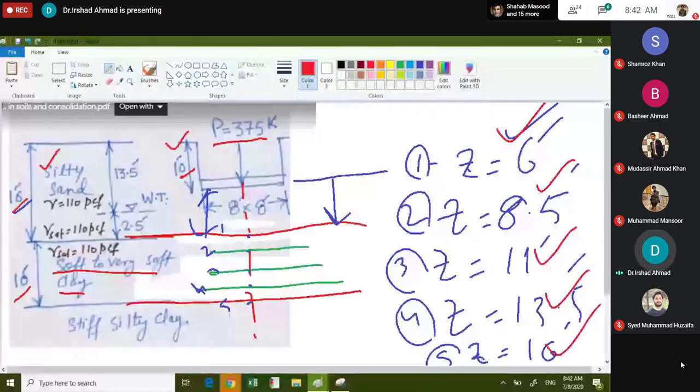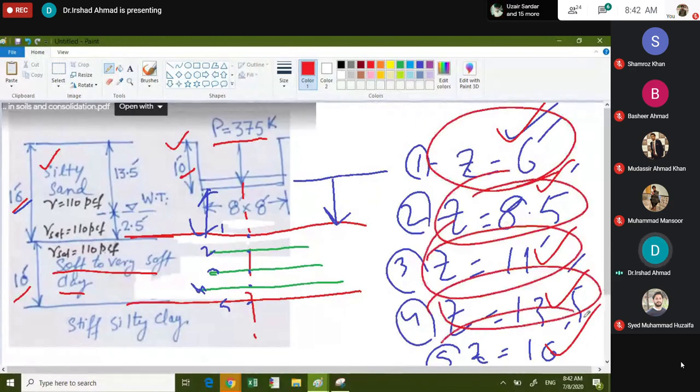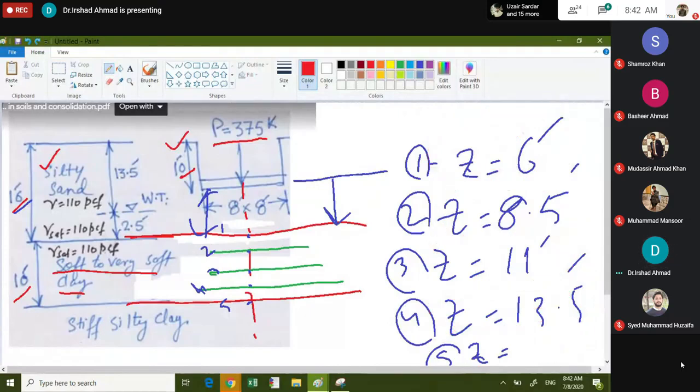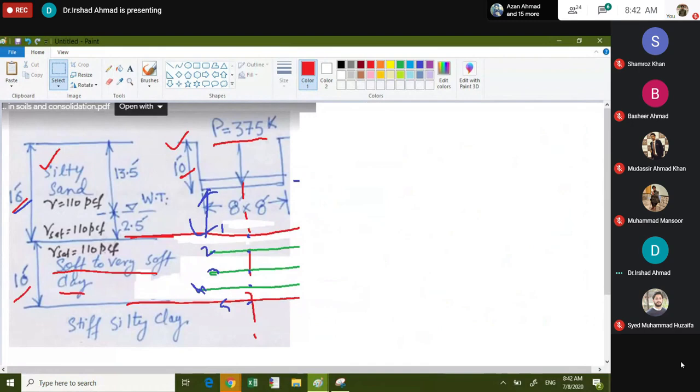Who would find stress for every depth? Right? For every depth. So let's do this. Let's make a table.